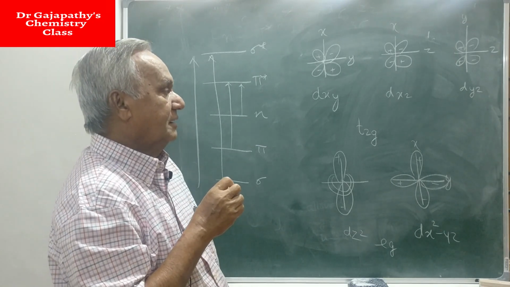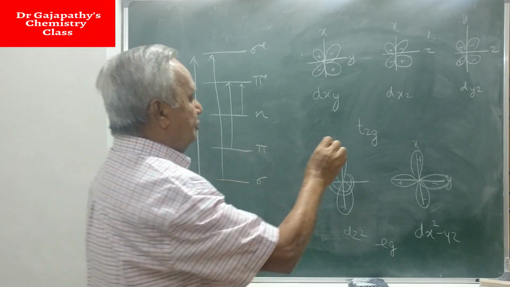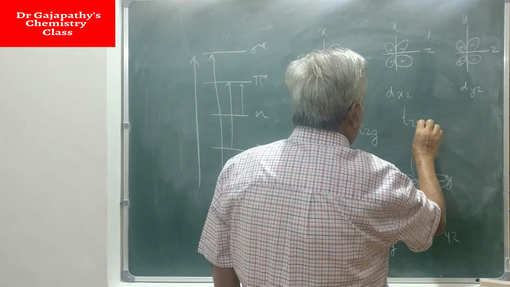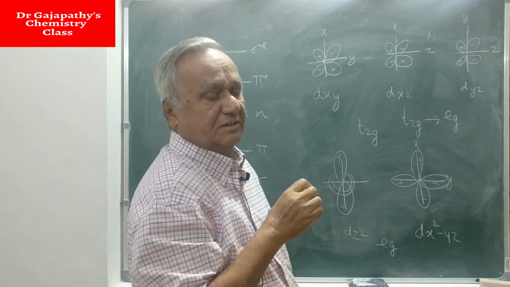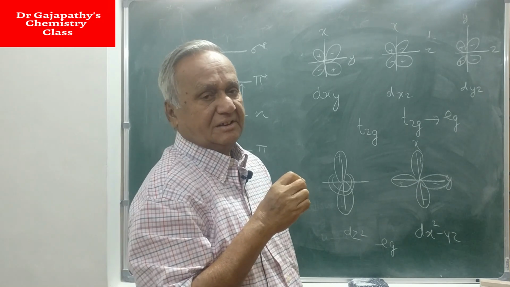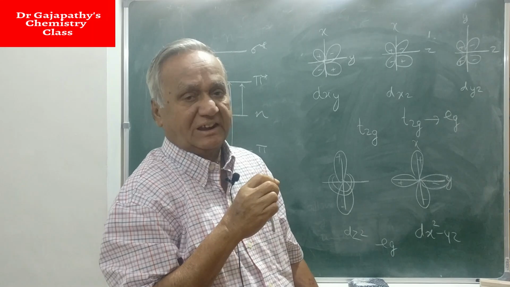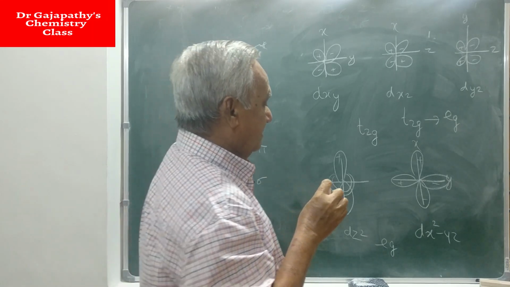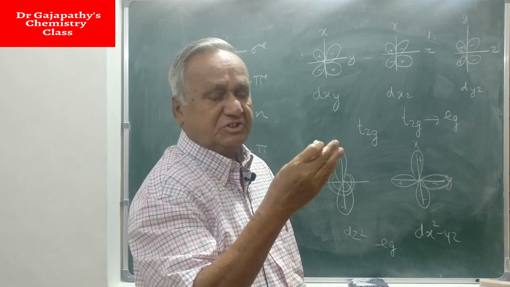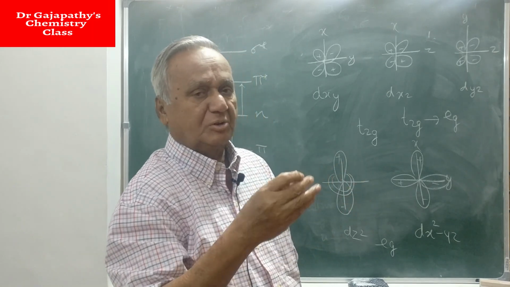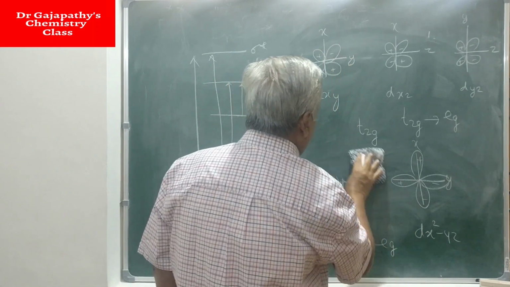So, in complexes where d orbitals are available, a t2g to eg transition is a forbidden transition. Forbidden doesn't mean it won't take place. The intensity will be very less. Whereas, if it is from u to g or g to u, it is an allowed transition. So this is the second selection rule regarding the electronic transitions.